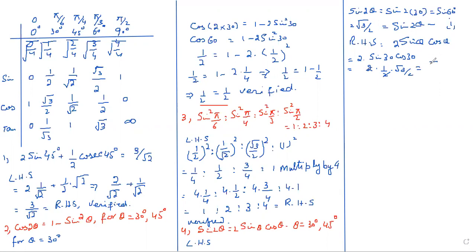We have root 3 over 2. So number 2, from 1 and 2, left hand side equals right hand side. So it is verified. So this was the first part.